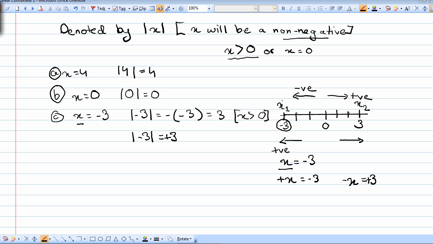We are referring to 2 points right now, x1 contains -3 and x2 contains +3, and we now know why applying the absolute value on -3 gives us the exact opposite number, which is +3. So let's move on to the rules now.